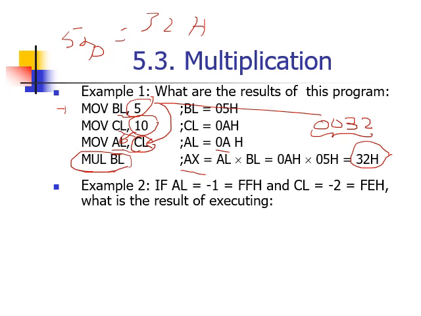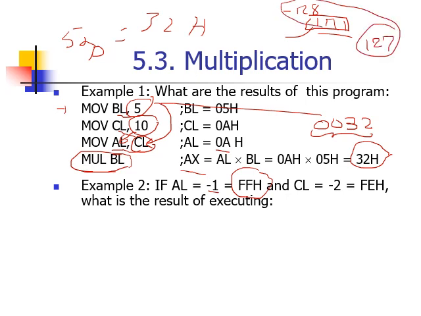If AL is minus 1 it is represented by this value hexadecimally. Okay, the AL bits are all ones. Okay, good. So this is minus 128, the weight of this bit, and the rest, if you add up the weights, you will get 127. You add these together, you will get minus 1.